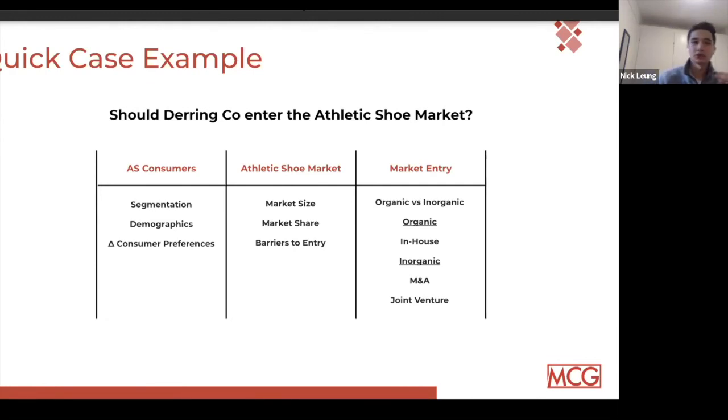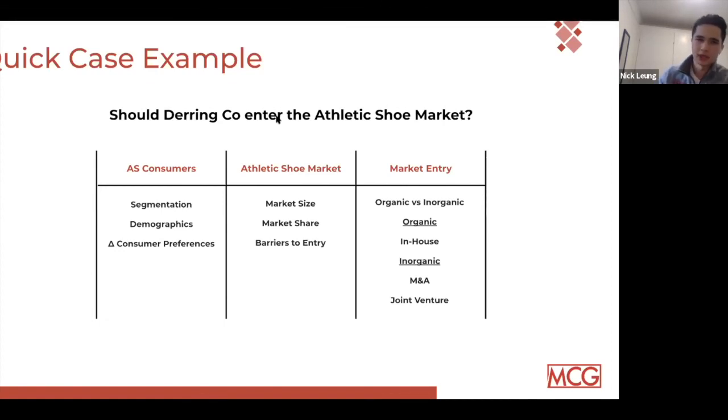In your solution part, you should say we shouldn't enter the athletic shoe market because of X, Y, and Z reasons that you found. But then in your next steps, you say we still have the existing problem, which I think was declining sales or something like that. So in the next steps, you could say we can explore this new way of addressing that problem in the future. That's how I would go about doing that.